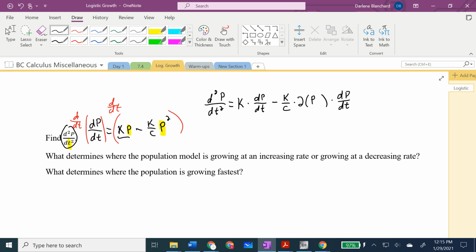Now, if I want to look at where the population model is growing at an increasing rate versus growing at a decreasing rate, I want to know first, when is the second derivative 0? So what can I factor to the side as I solve for 0?